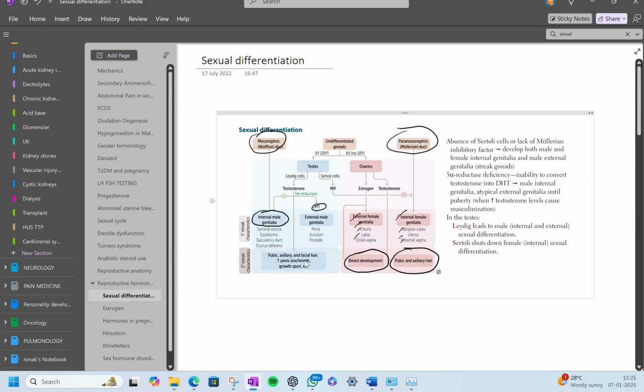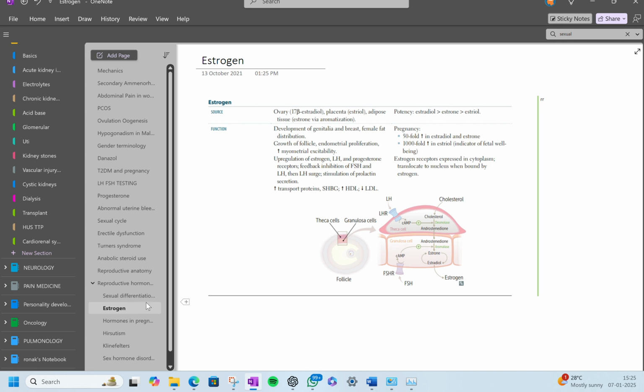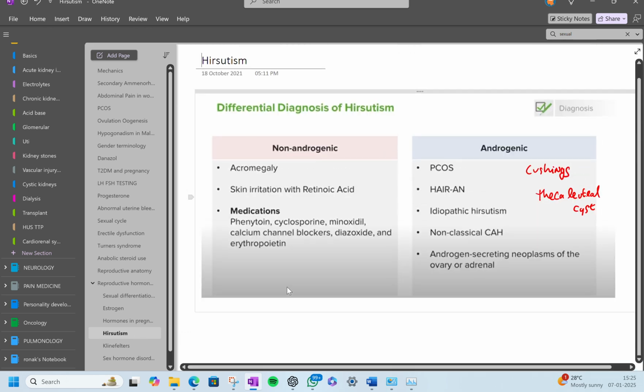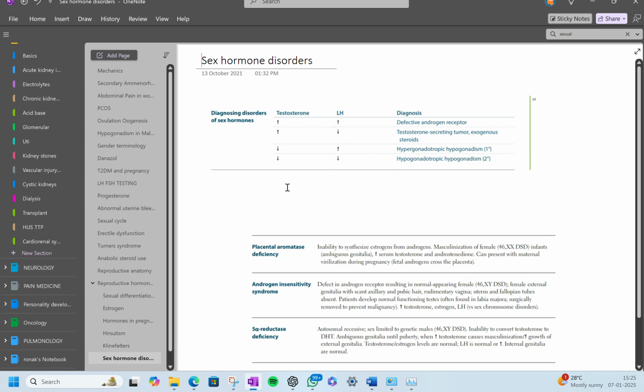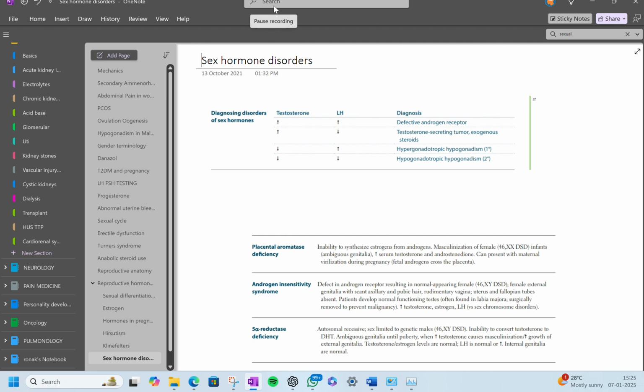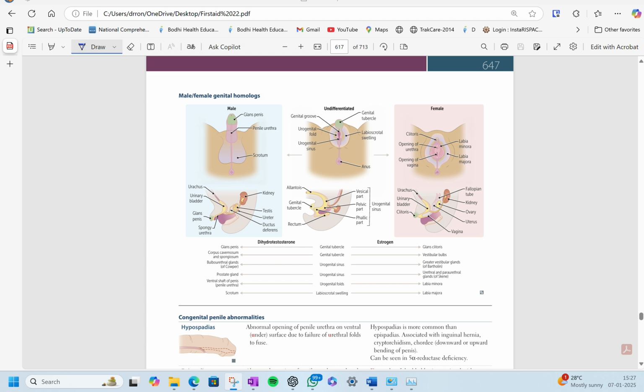So if we go to disorders of sex hormones, first before that we should touch on puberty, because now we have infantile sexual development. Again, this is the undifferentiated baby. Supposing there's a Y chromosome, the Sertoli cells will produce the Mullerian inhibiting factor and block female development.